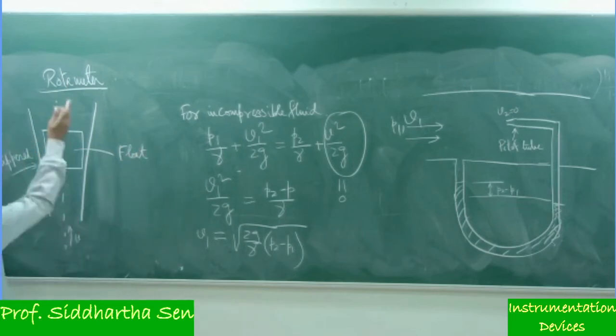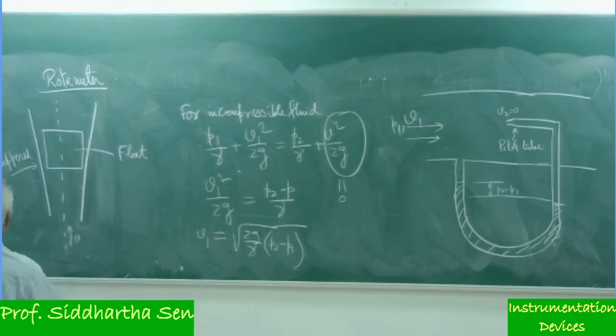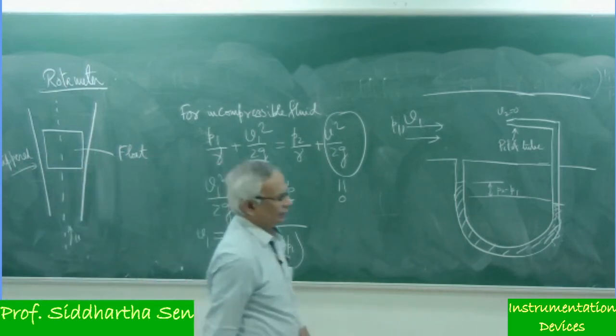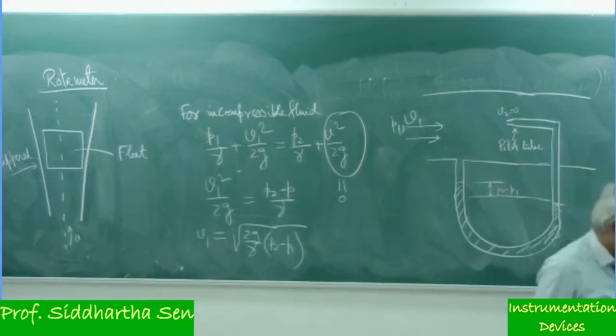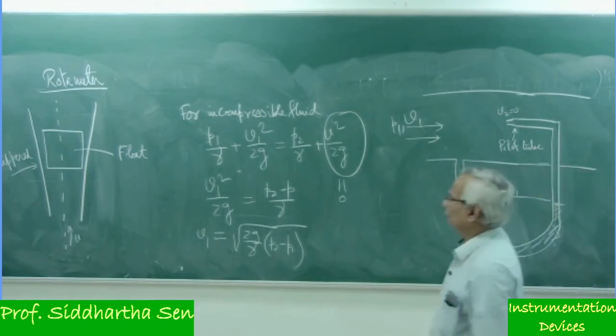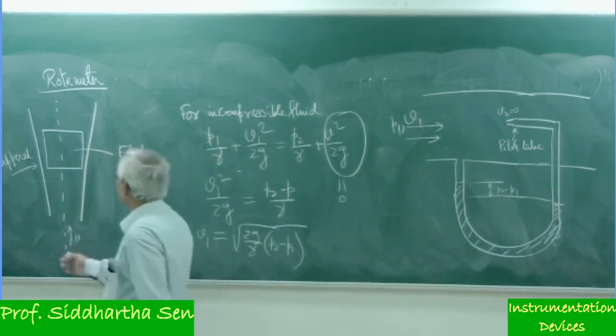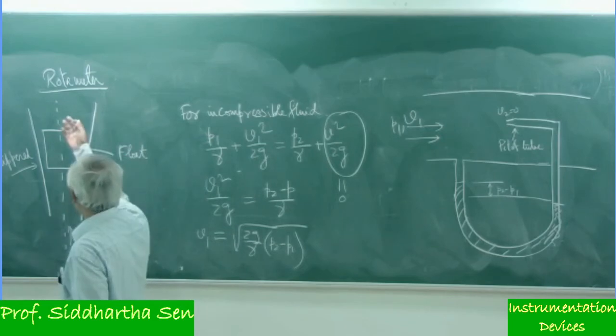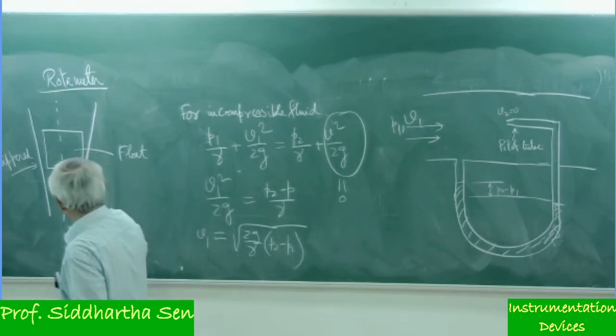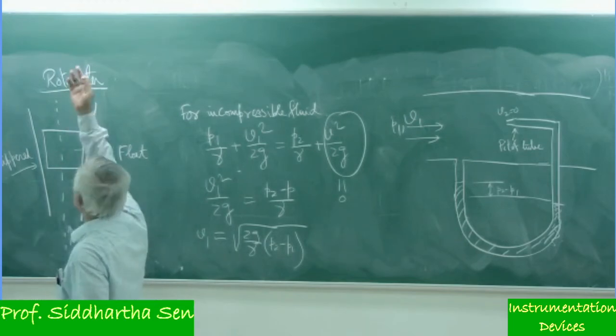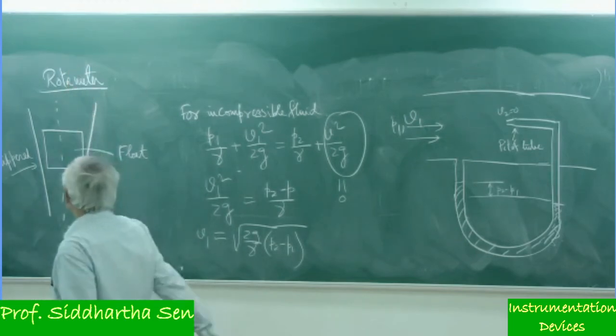It is tapered outwardly like this, diverging. There is a float there. Okay. So the idea is that the float tries to go down because of gravity, but on the other hand, the force due to the kinetic energy of the flow rate will try to move it up like this.